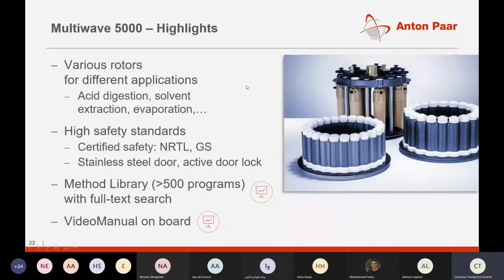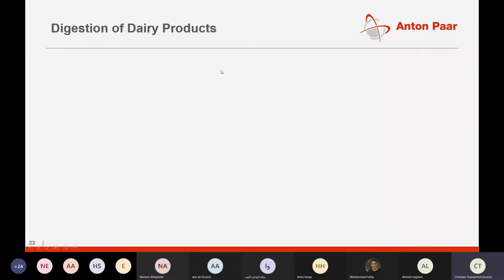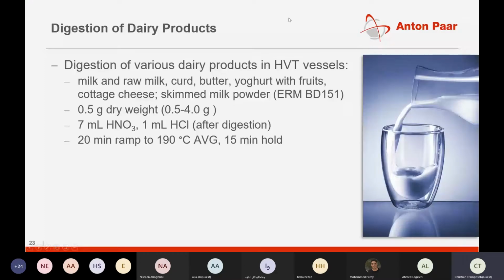Okay, so far for the Multiwave 5000. What I would like to show you, of course, is the performance of that vessel. We recently made an application report on digestion of various dairy products like milk, curd, butter, yogurt, cottage cheese, whatever.